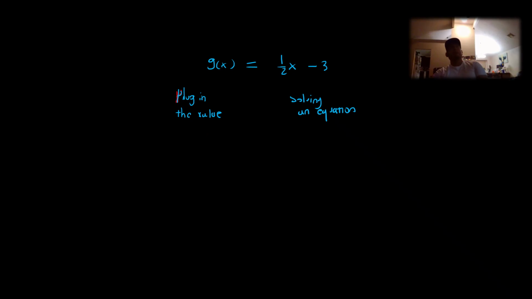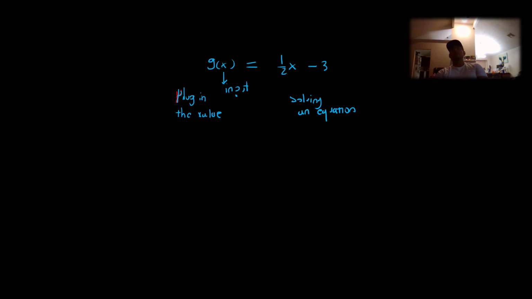So for example, here we have a function which I've decided to call g, and it is using the variable x. So x is the thing that is going to be changing, the input. Once we input this into the function, out comes the output.